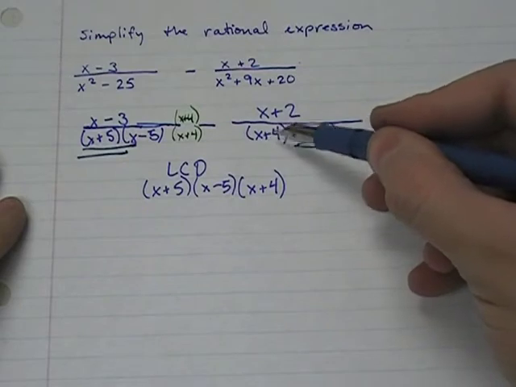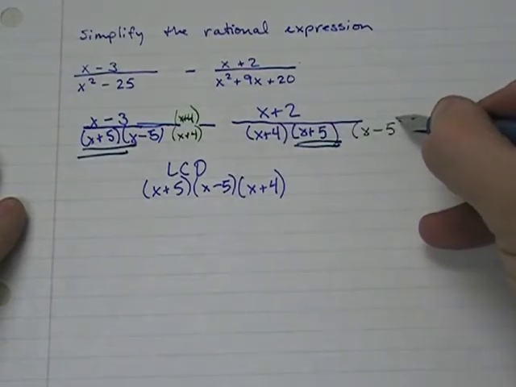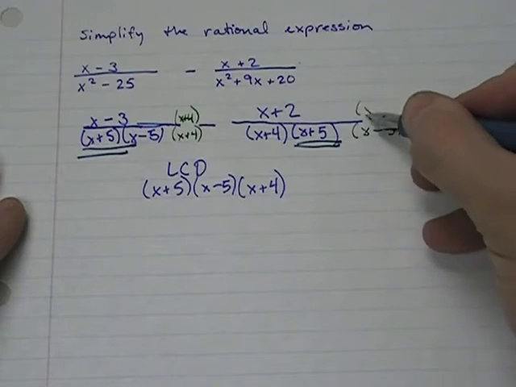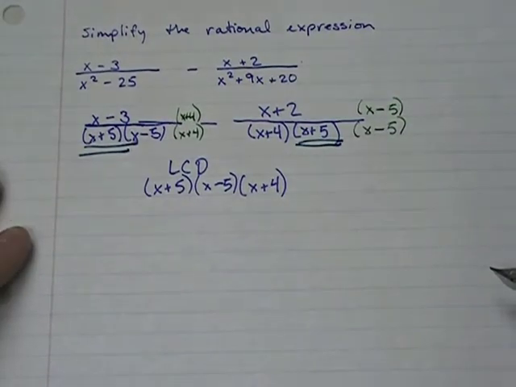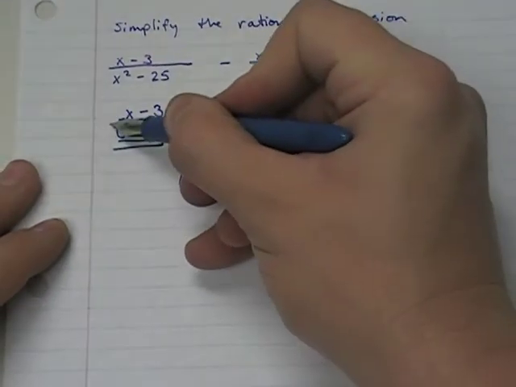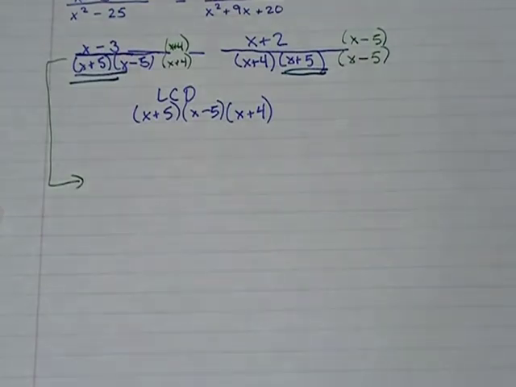Over here I've got x + 4, I've got x + 5. What am I missing? I'm missing x - 5. And I'm going to multiply the top and the bottom by that. Okay? So now what does all of this become? Well, let's go down here and take a look. And what do I end up with?